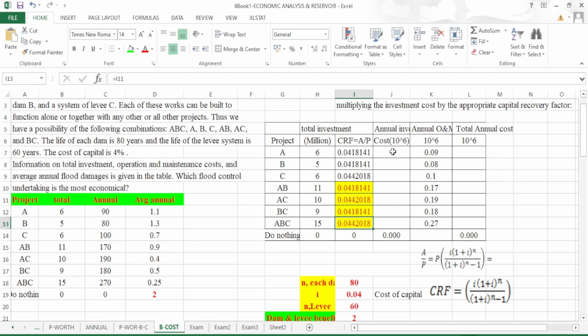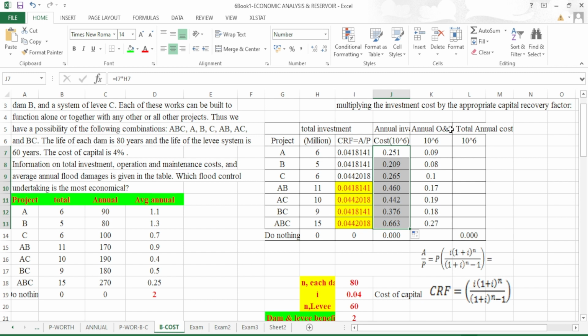Right. Next, depending on these capital recovery factors, we can estimate the annual investment cost by multiplying the capital recovery factors times the total investment cost. Then you drag down this one. For each project, we get the annual investment cost like this.